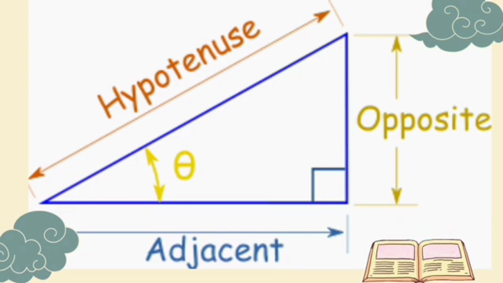Now, having identified the hypotenuse and opposite sides in the right-angled triangle, the third side becomes the adjacent side. I hope this explanation is clear to you on how you can identify the three sides in the right-angled triangle, talking about the hypotenuse, the opposite, and the adjacent sides.